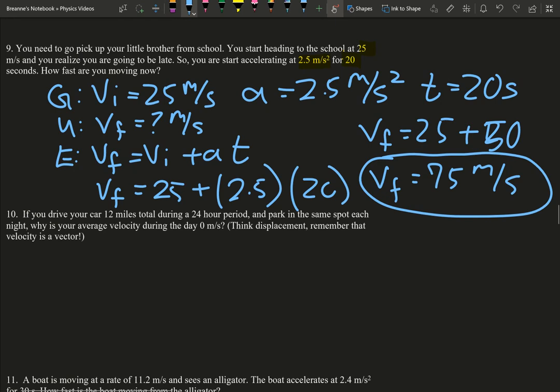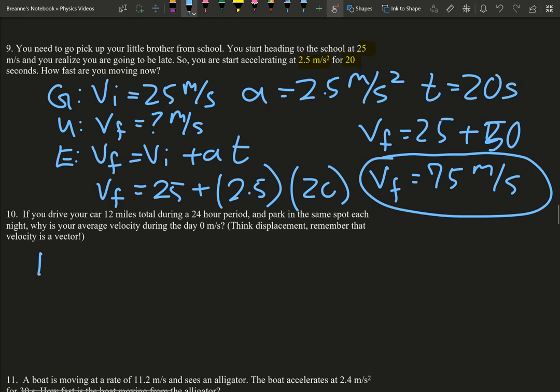So next, if you drive your car 12 miles total during a 24-hour period and park it in the same spot each night, why is your average velocity during the day 0? So again, let's think about displacement.